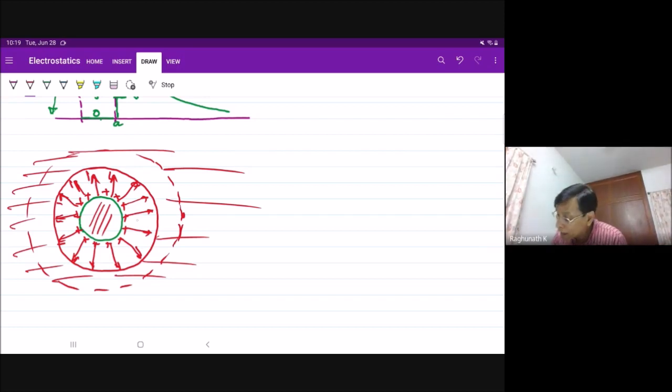I want to determine the electric field intensity at any r. I will consider a surface which is everywhere perpendicular to the flux lines, such that the field is everywhere the same.